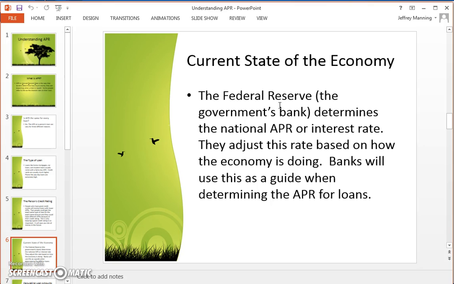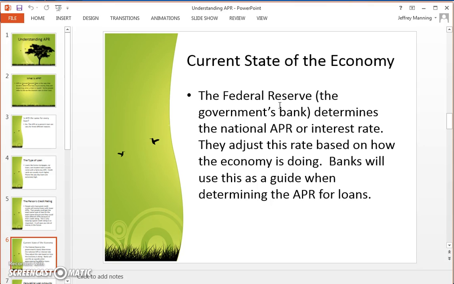Whatever the Federal Reserve sets their APR at, banks end up using that as kind of like a guideline for the APRs that they give to their customers. So as the Federal Reserve adjusts the APR, it will also affect you as a customer getting a loan from that bank, because it might fluctuate up and down.